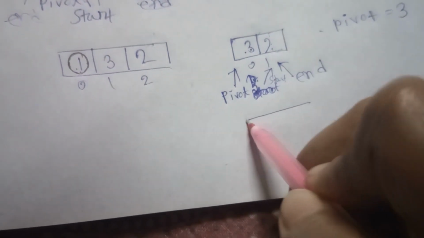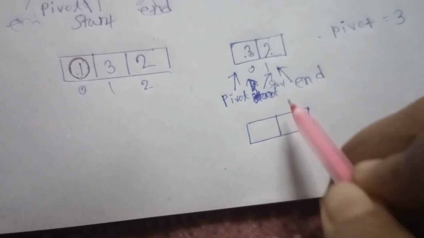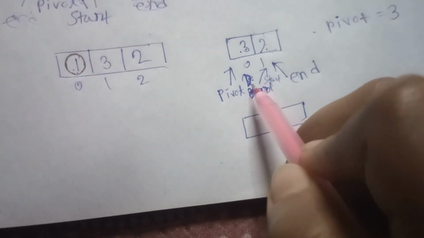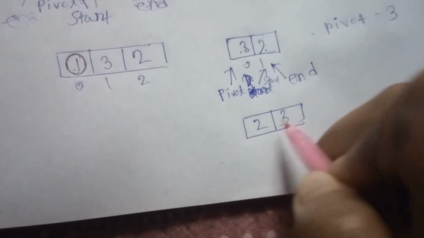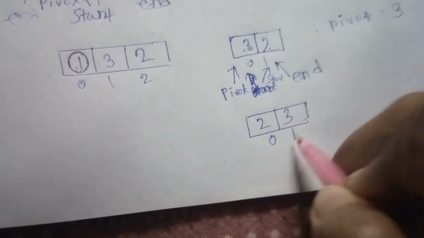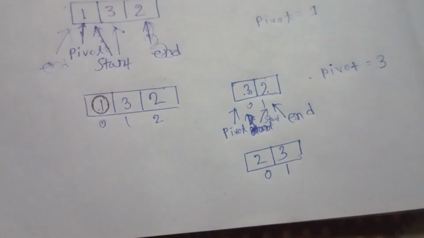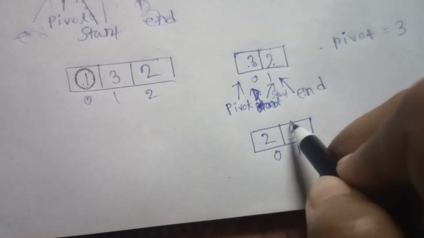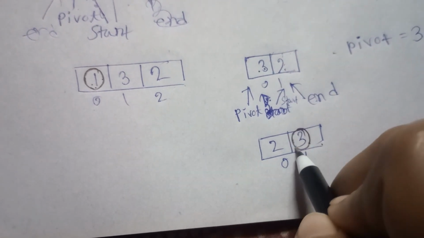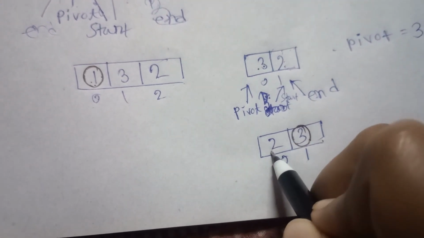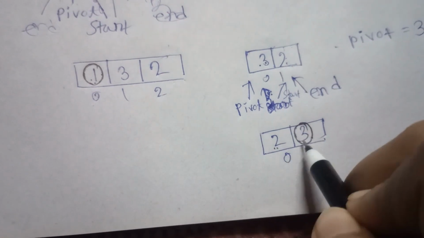So swap between pivot and end. 2 3. As pivot is 3, the left side of the pivot is less than the pivot.